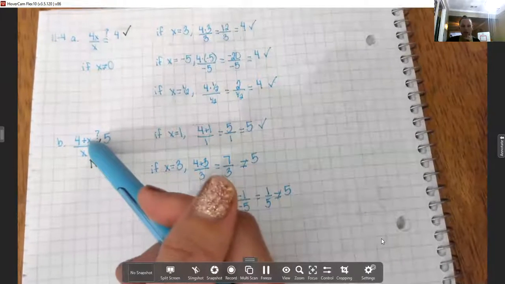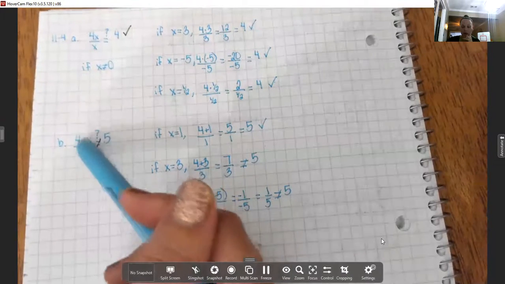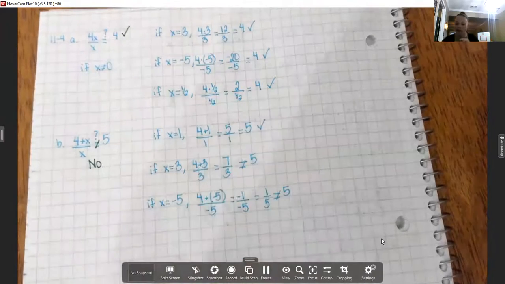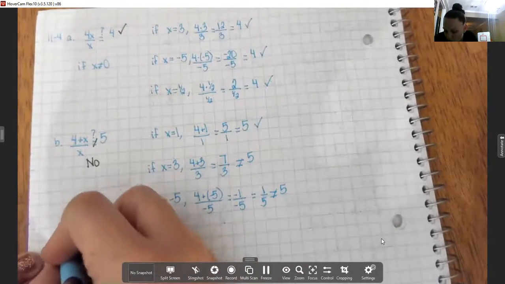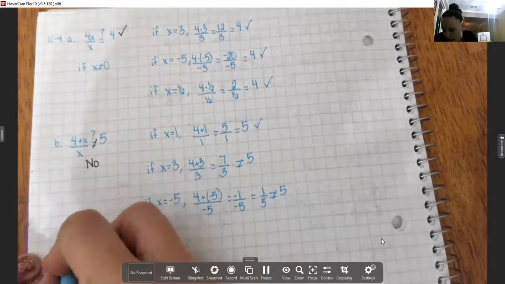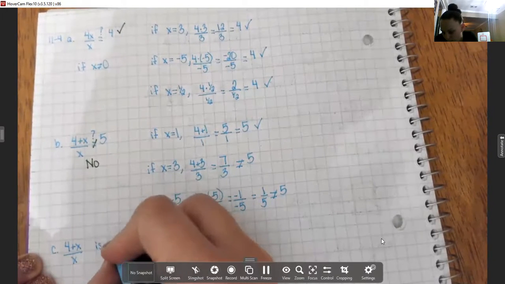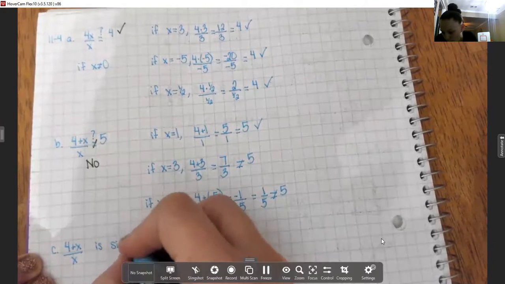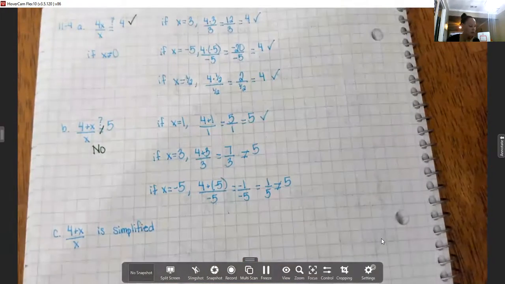Because this is addition, this is just one expression on the numerator that can't be simplified. So 4 plus x divided by x is simplified. There's nothing else we can simplify there.